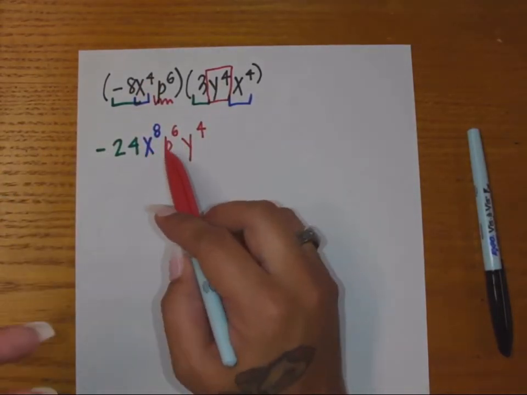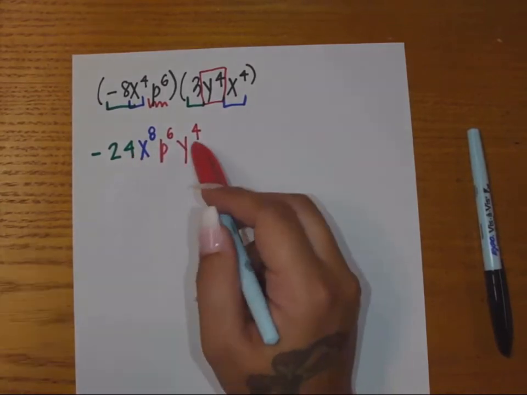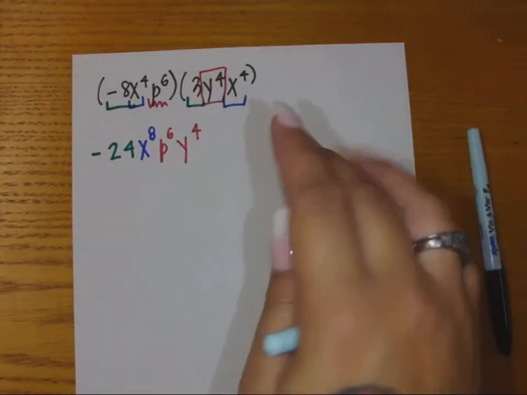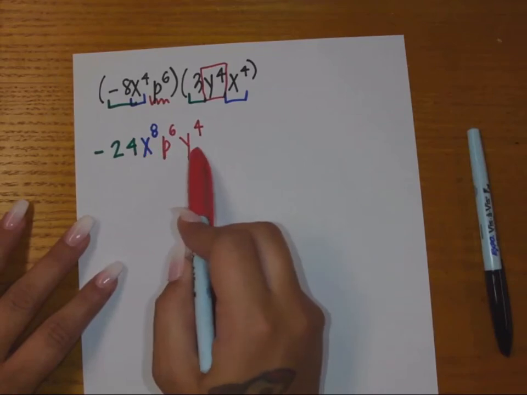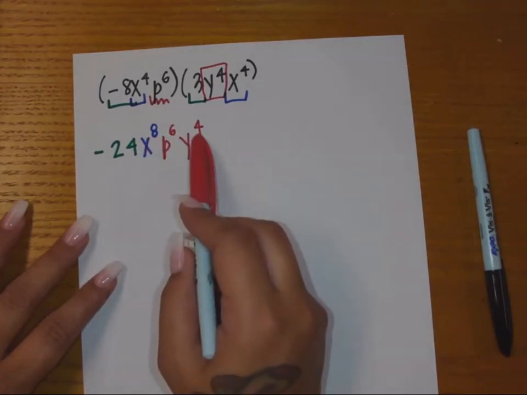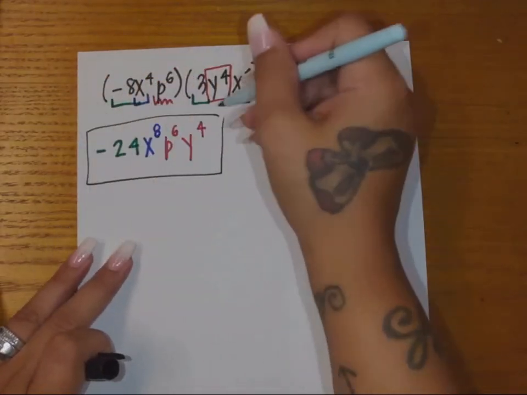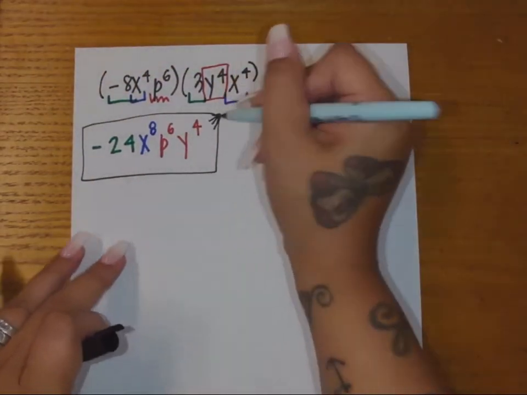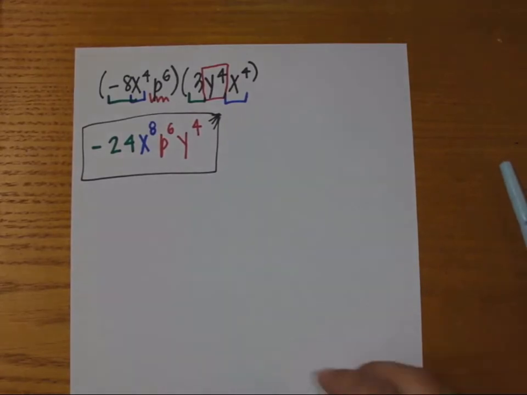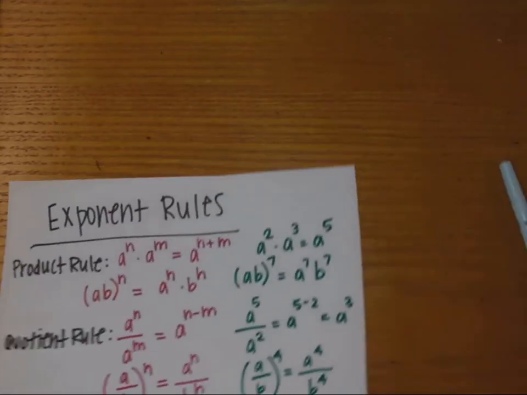You can do it pxy. It really doesn't matter. Multiplication is commutative. It can move around. So no matter what order your variables are in, as long as your exponents are okay, then your problem is correct. So that would be your final answer. And that's multiplying the coefficients together and then using the product rule where you can.